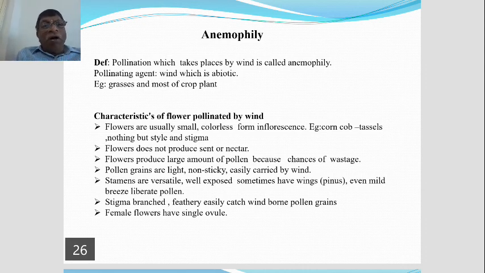Very small in size, colorless, because color is not required. Why is color not required? The pollinating agent is non-living, abiotic. It can't recognize the color. Hence the flowers are colorless.